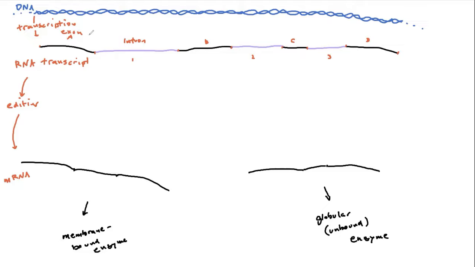Okay? So what I'm drawing here over on the left, what you want to imagine is that we're going to be splicing out. So this might be the first exon, and then we're going to be splicing out the first intron. There's a little loop.